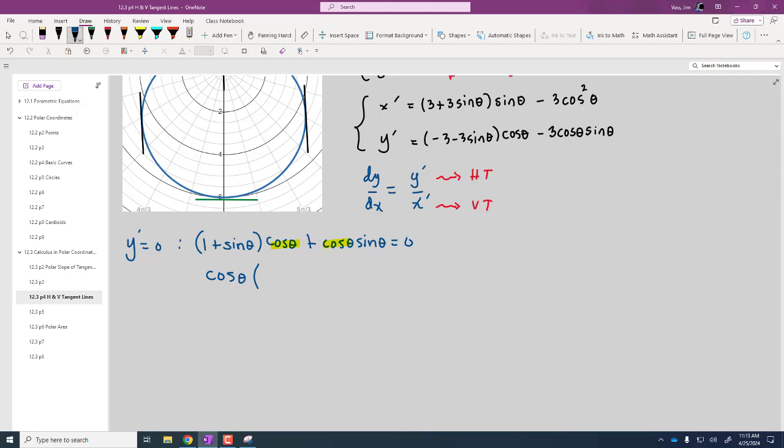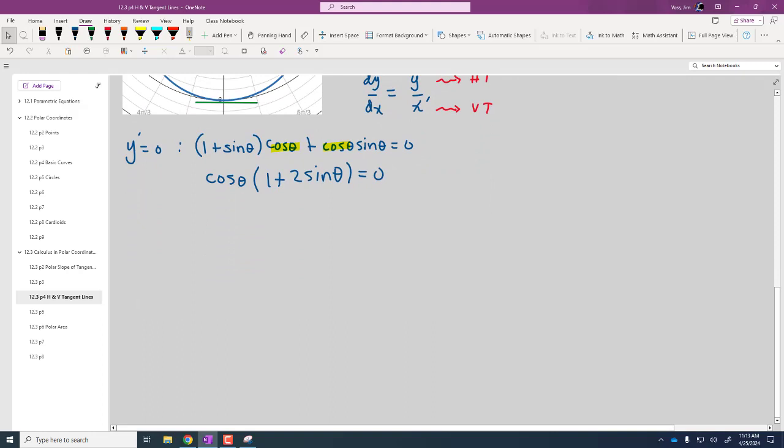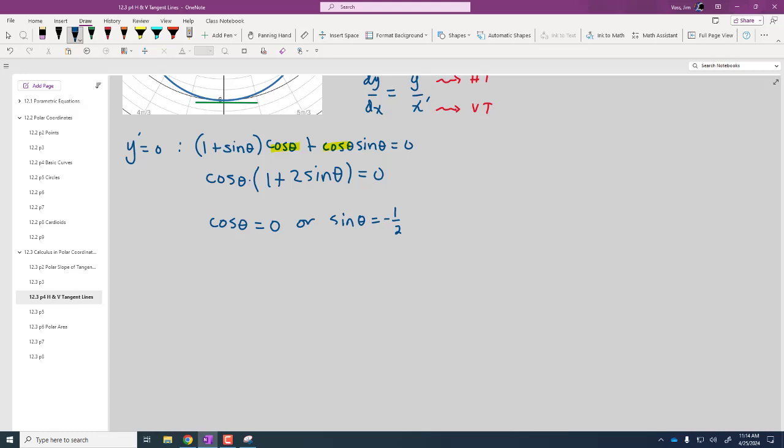We're left with 1 plus 2 sine. The zero product rule says if you have a product equal to 0, at least one of them is 0. So cosine is 0 or sine is equal to negative half. So those are the options for theta.